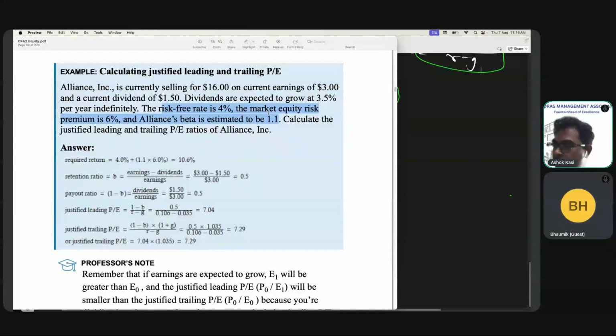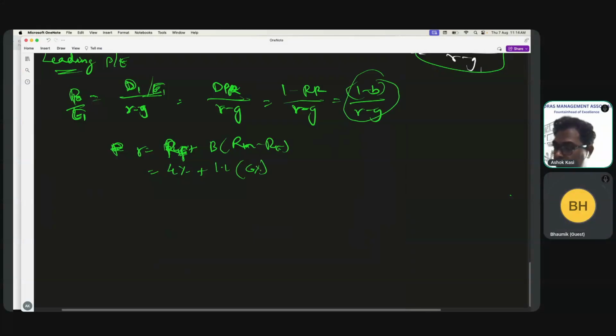RM minus RF is the market risk, equity risk premium, which is directly mentioned there. So now you calculate this. 10.6 is the required rate.